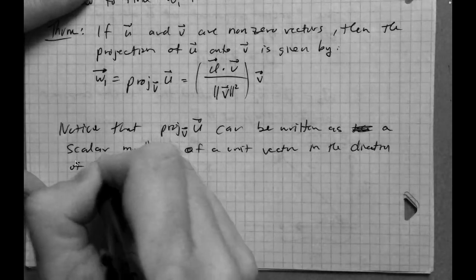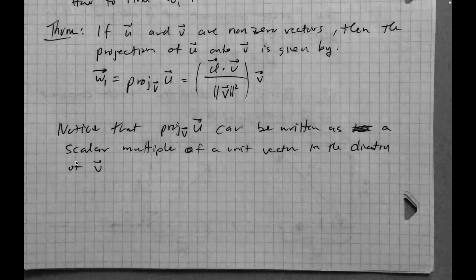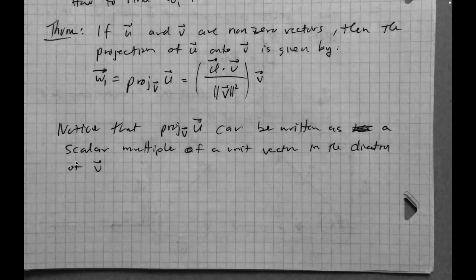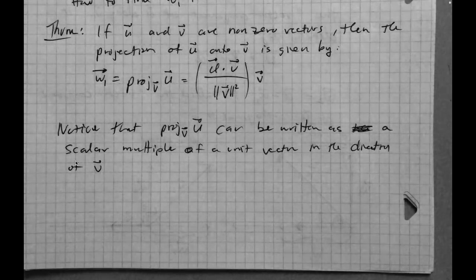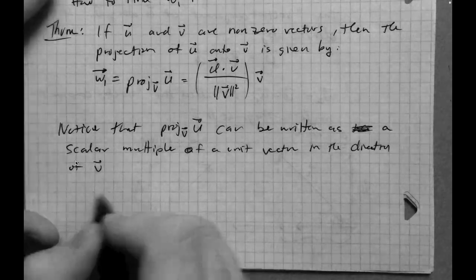So that should be common sense, right? It's just a scalar multiple of a unit vector in the direction of V. Okay.